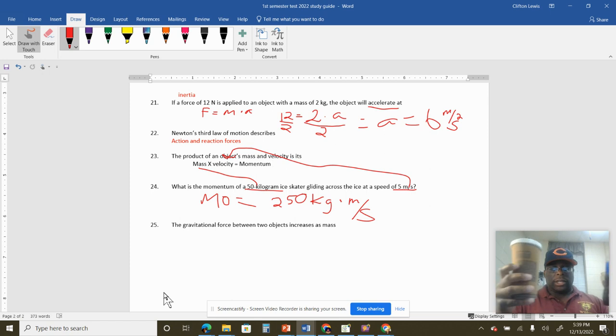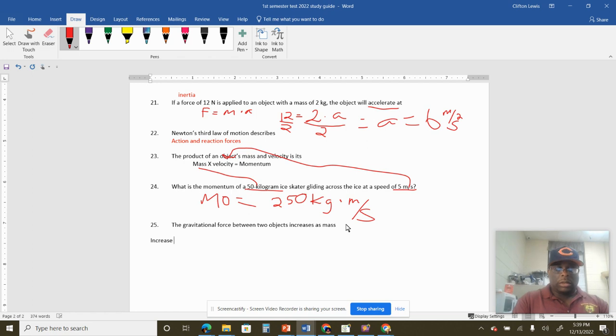It will increase if these objects are larger in mass, or about the distance.